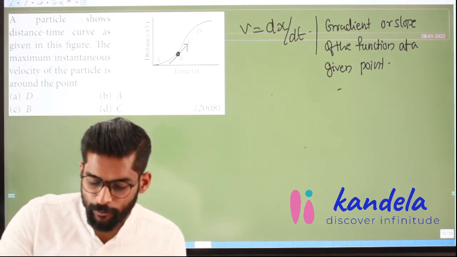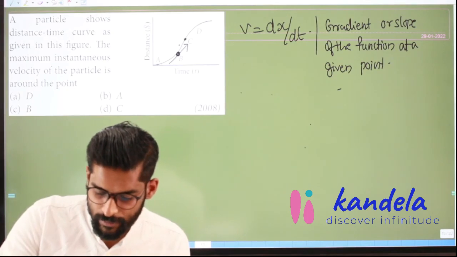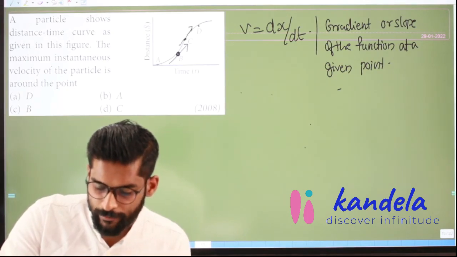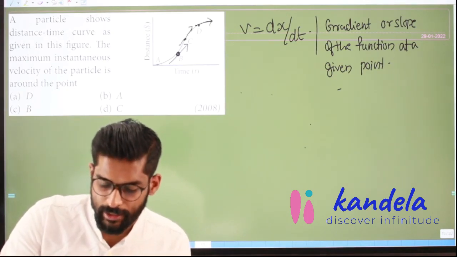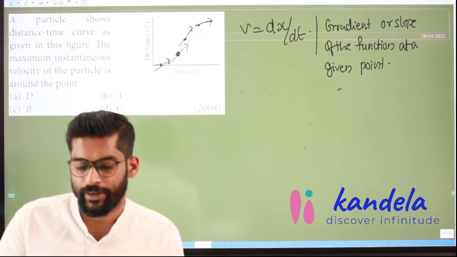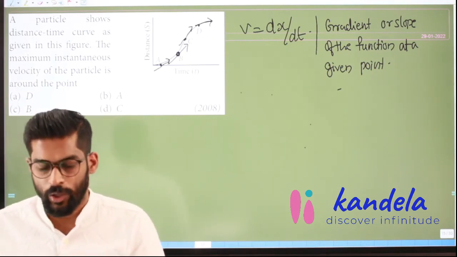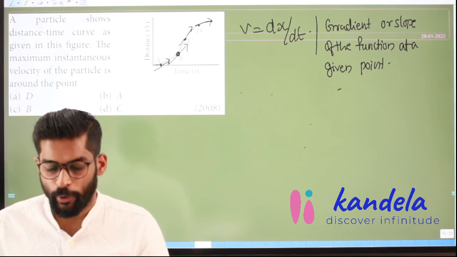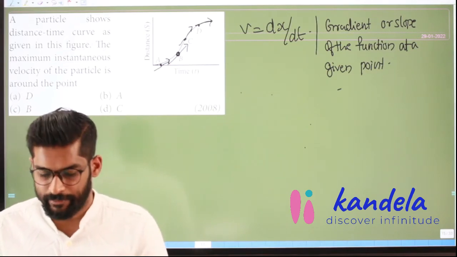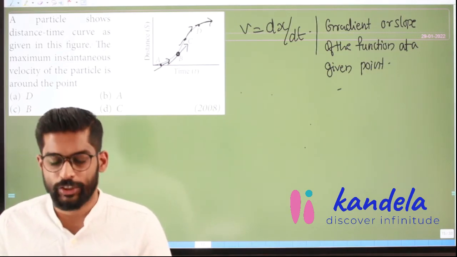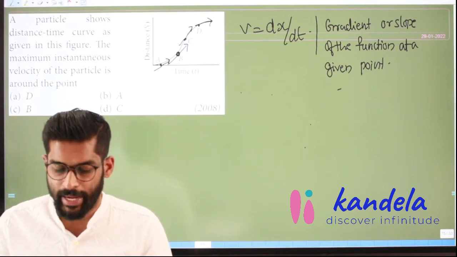Now if you carefully observe, if I want to get the instantaneous velocities at different points, I need to draw tangents at points A, B, C and D. And we ask this question, which of these tangents has the maximum slope?